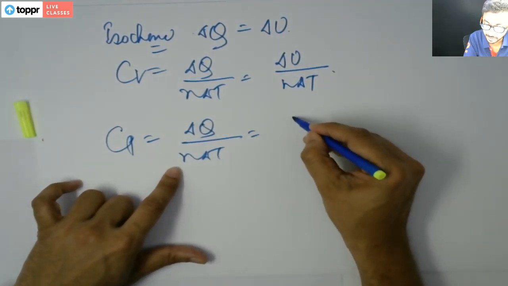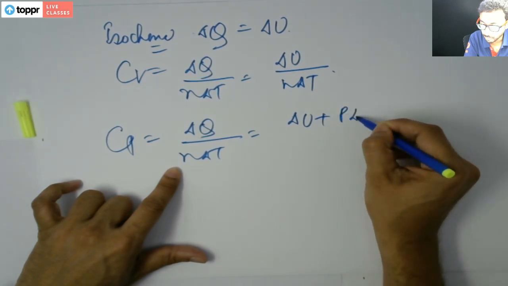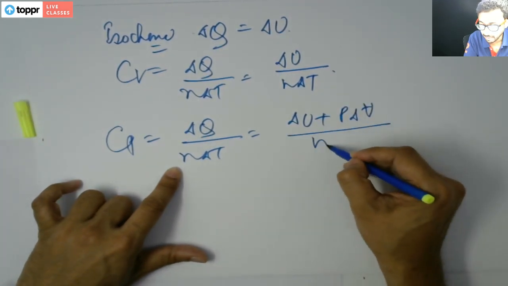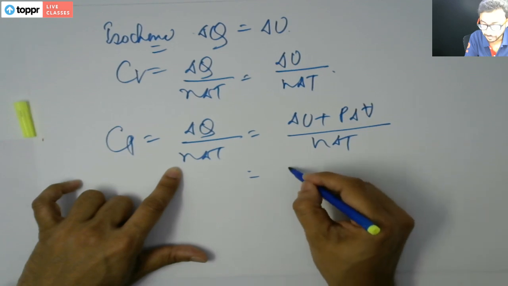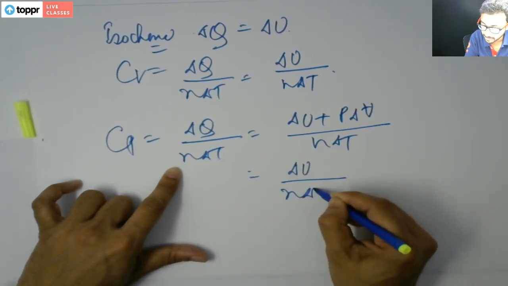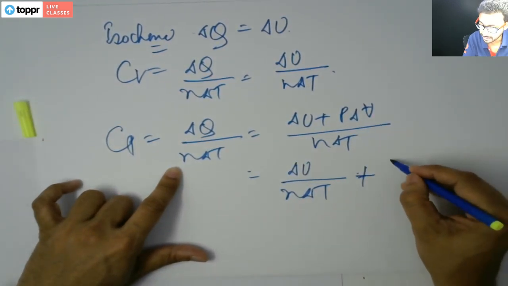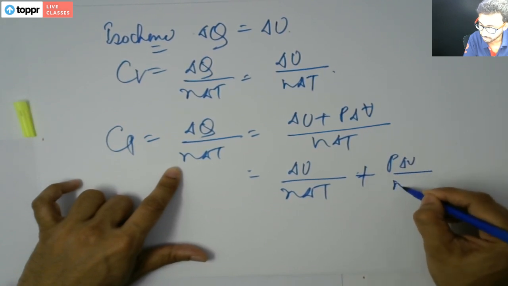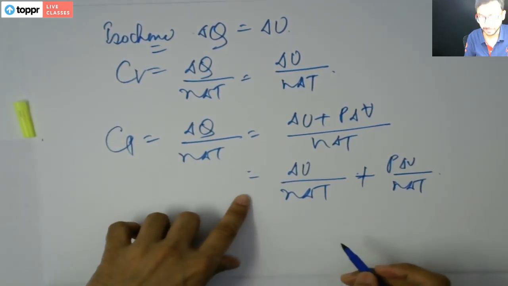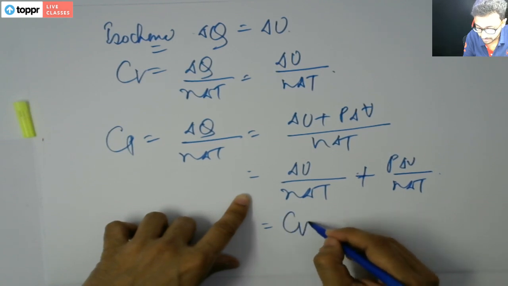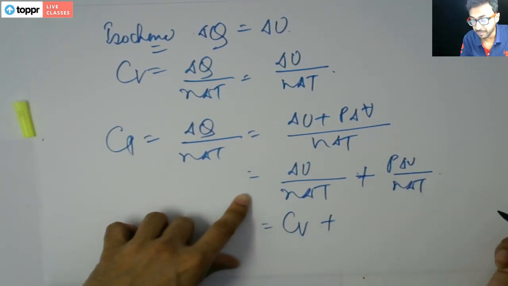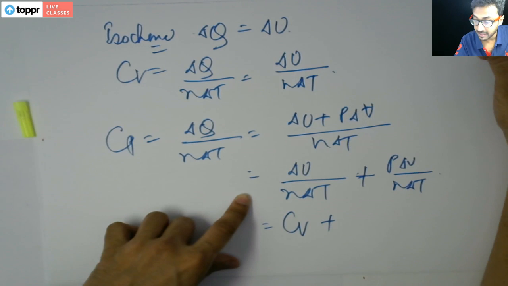Where del Q is del U plus P del V, divided by n del T. This is nothing but CV plus P del V by n del T, right?